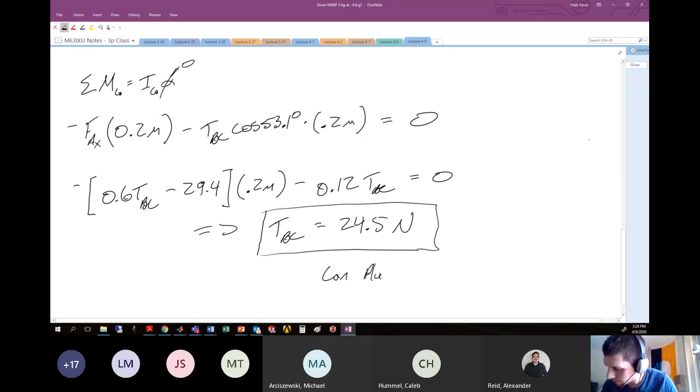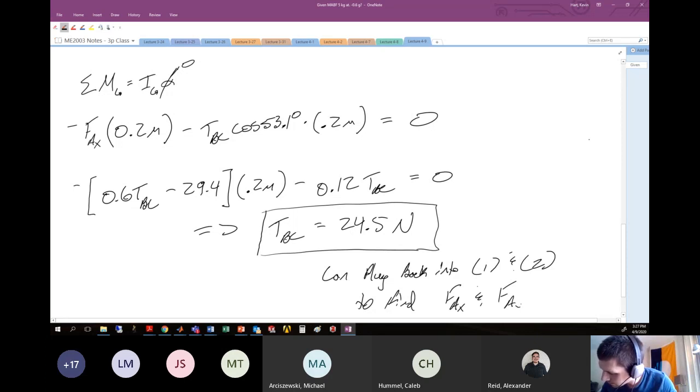This can go back. So we can plug back into 1 and 2 to find FAX and FAY.